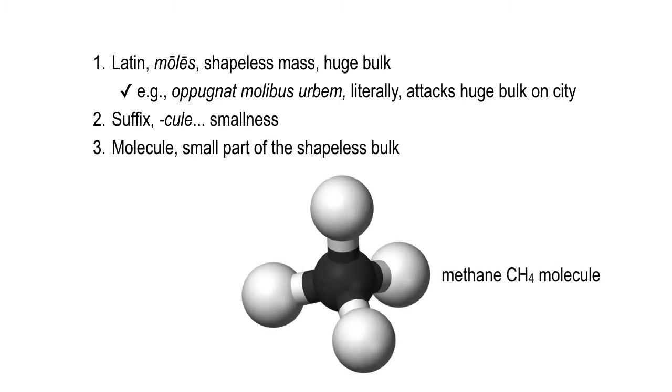So the molecule concept is the idea that there's a small part of every big piece of matter or sample of matter that you look at. And here's a picture of the methane molecule, CH4, a carbon in the middle, and then 4 hydrogens attached to it symmetrically, forming a pyramid shape. I don't know, can you see that that's a pyramid? It's supposed to be a tetrahedron, they call it.